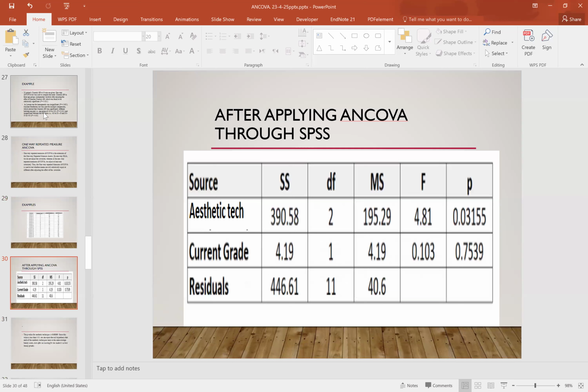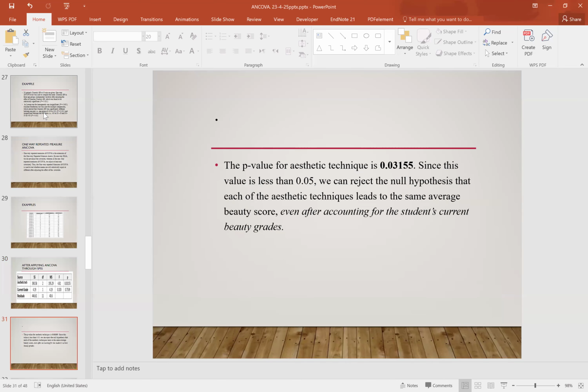After applying ANCOVA through SPSS, the aesthetic technique p-value is 0.03155 and the current grade p-value is 0.7539, which is more than 0.05 and not significant. The p-value for aesthetic technique is 0.03155. Since this value is less than 0.05, we can reject the null hypothesis that each of the aesthetic techniques leads to the same average beauty score, even after accounting for the students' current beauty grades.